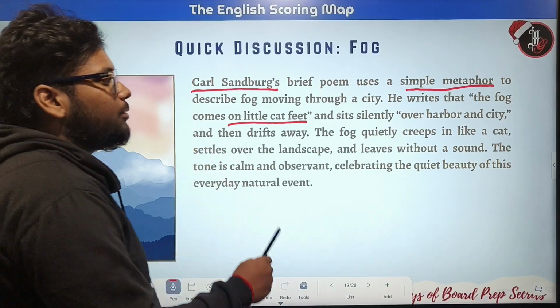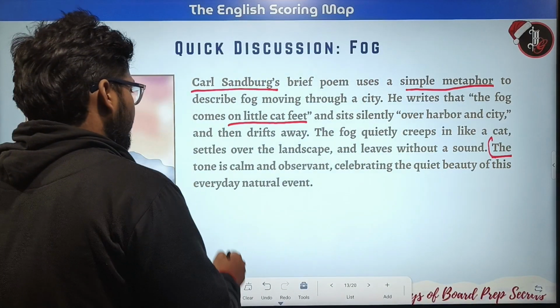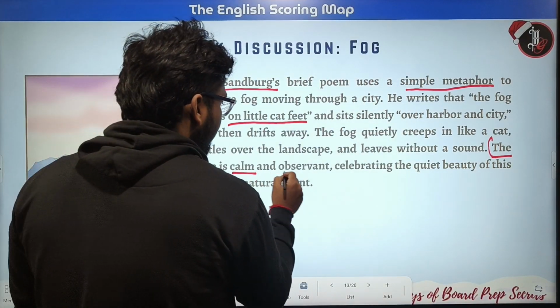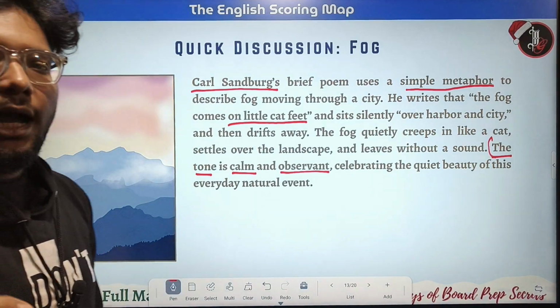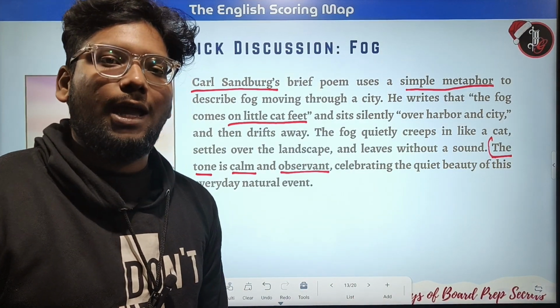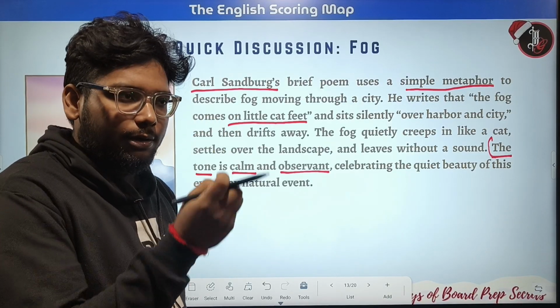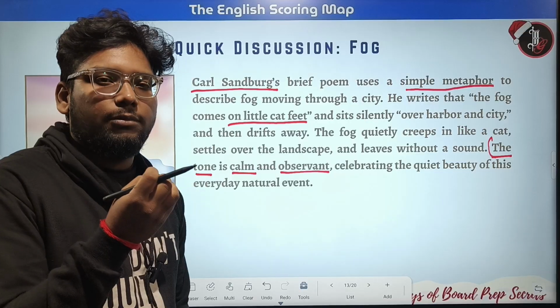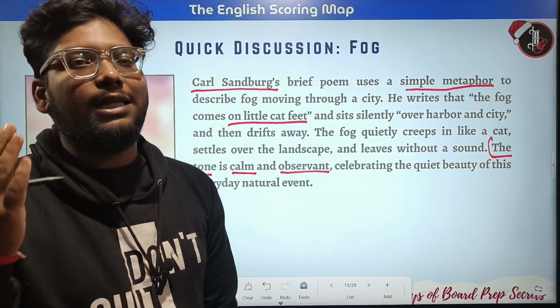The tone is very calm and observant. The poet is very calm in this poem, and he is very observant. He observed how the fog comes, how the fog drifts, how the fog settles over the city, and ultimately how the fog leaves the city.